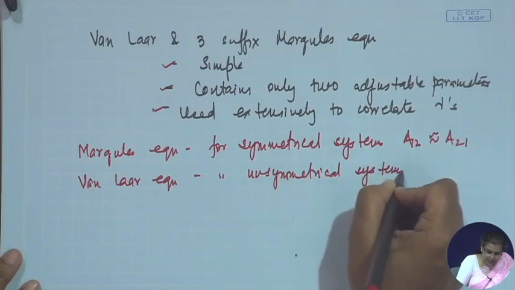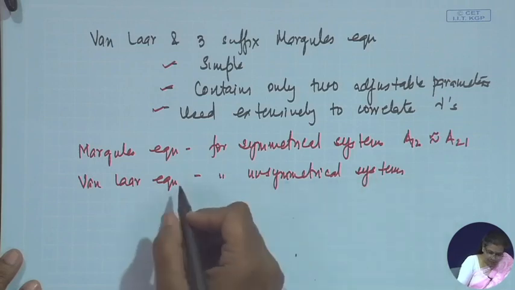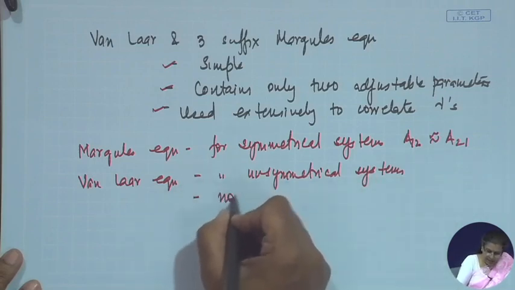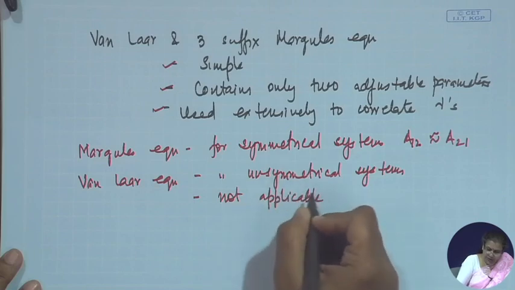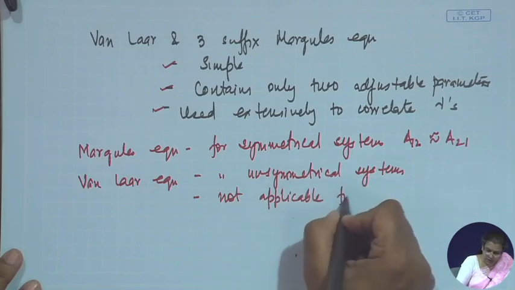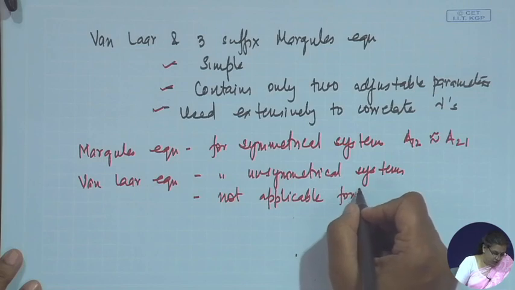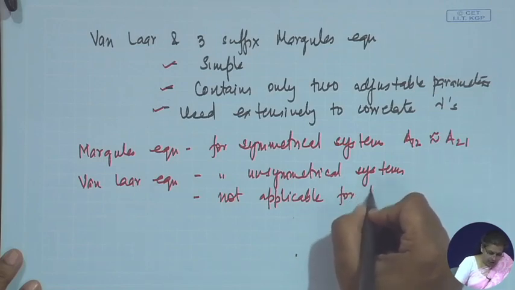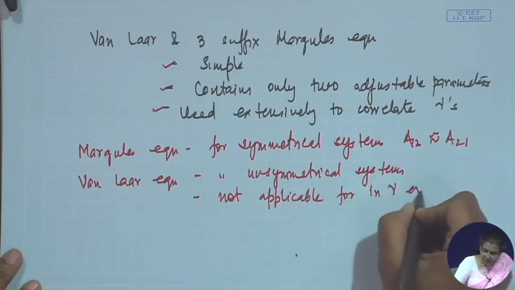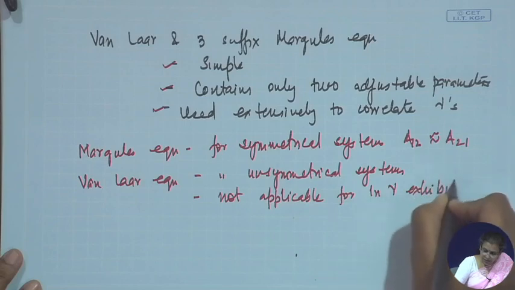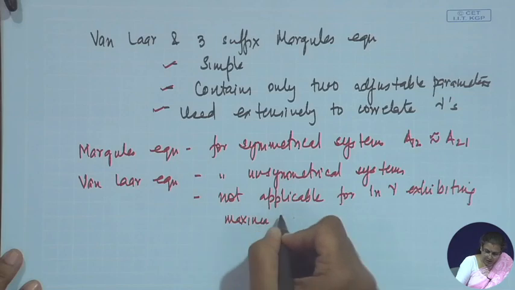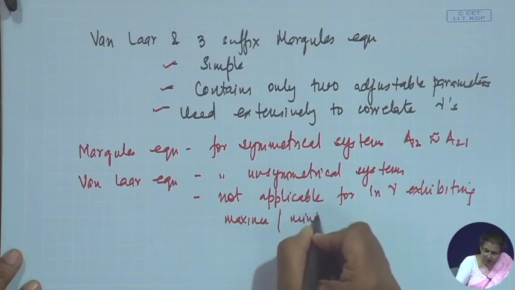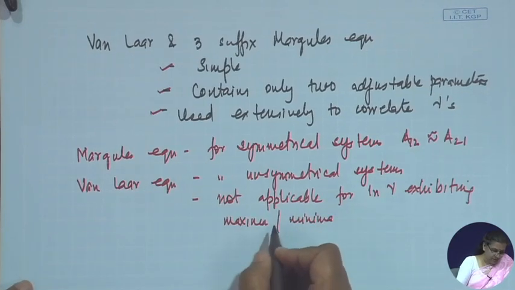These are just guides as to when you should apply which one. It is also important to remember that the Van Laar equation, although it is used for unsymmetrical systems, is not applicable for ln gamma exhibiting maxima or minima. Under this condition, the Van Laar equation is not applicable, right?